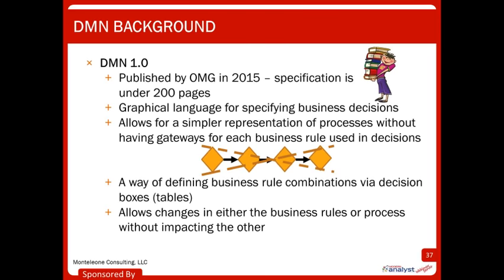It makes it simpler by doing these annotations as to what decisions we are making within a process. It's a way of defining business rule combinations via these decision boxes or tables. And we have been using, of course, decision tables for a long, long time. It's just that we have not had a formal approach of actually linking these two models together.